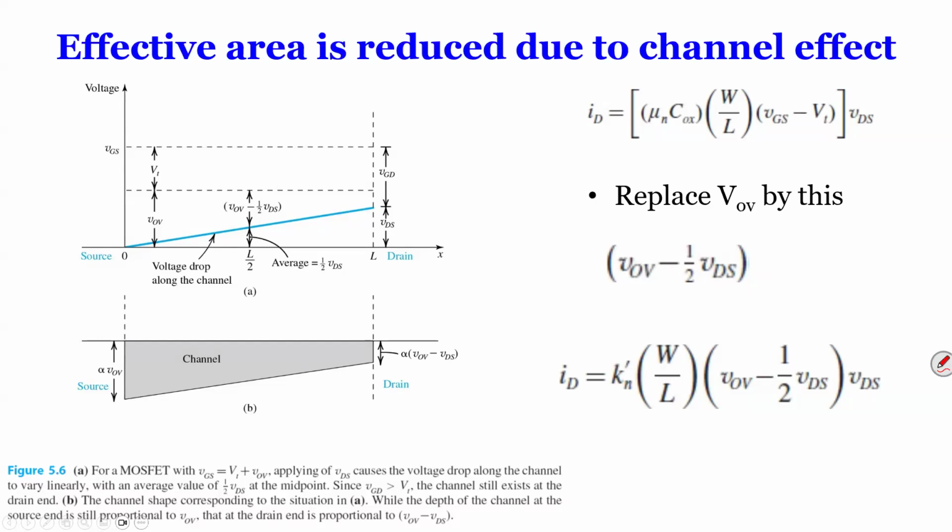This side is VOV minus VDS, and this side is VOV. The channel is reduced by VDS. So instead of VOV this much, you use VOV minus VDS and that gives you this much. Therefore, you take these two and take the average thickness in the middle. That's what you do: VOV minus 1/2 VDS instead of VDS. So we get VOV minus 1/2 VDS times VDS. So this is the current.